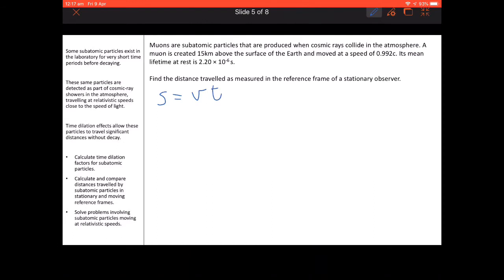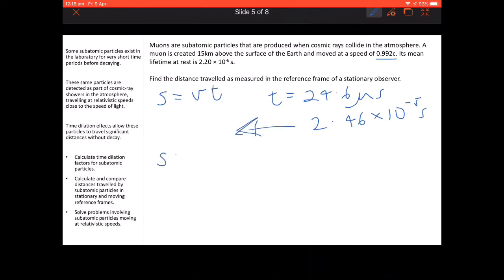So in this situation, velocity is still going to be this, but the time, which is dilated in the stationary reference frame, is going to be 24.6 microseconds, which is 2.46 times 10 to the negative 5 seconds. So we just sub that into here.